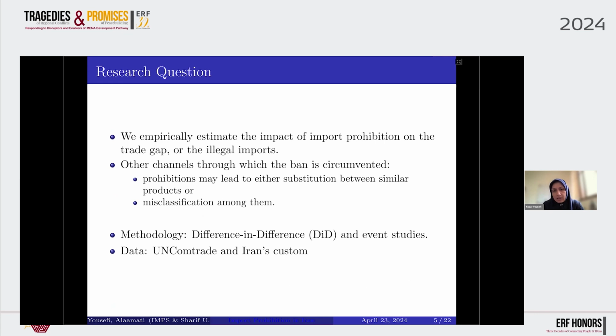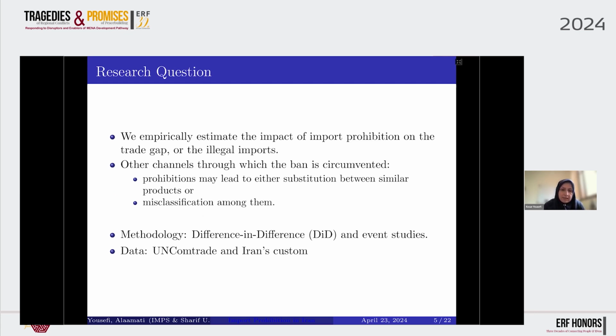For example, is this policy activating some smuggled import, some illegal import, that is actually neutralizing the policy and decreasing its effect, and doesn't allow the policy to reach its goal?